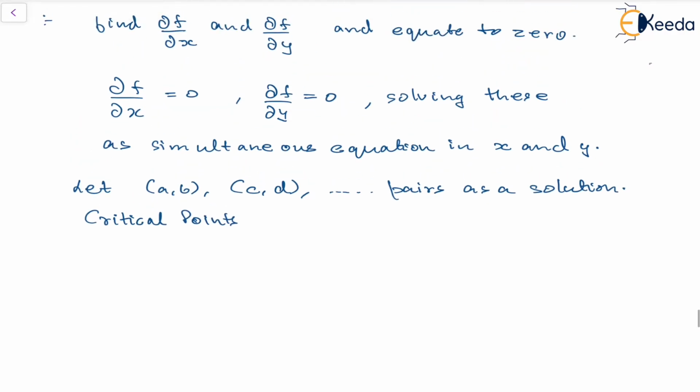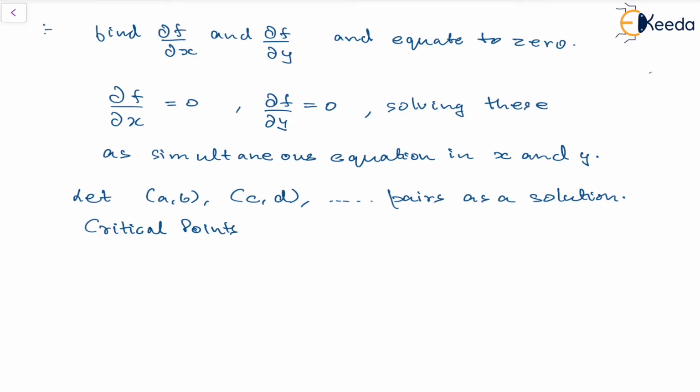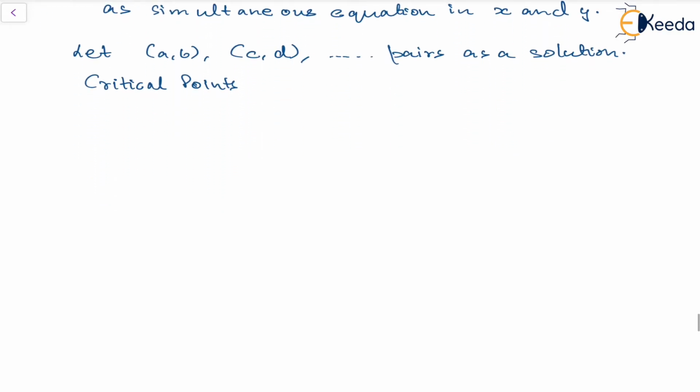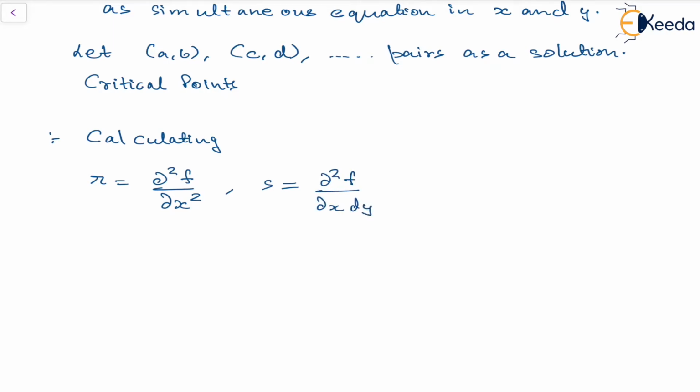So once we are having critical points, putting the condition of ∂f/∂x equal to 0 and ∂f/∂y equal to 0, the next thing we have to do is calculating some of the values like r, which is second order partial derivative of f with respect to x, s, which is second order partial derivative of f with respect to x and y, and t, which is the second order partial derivative of f with respect to y.